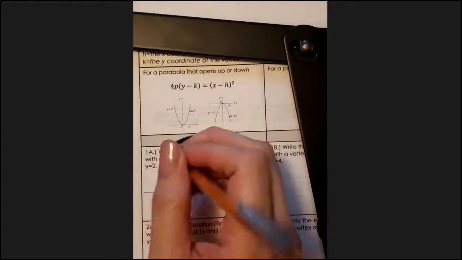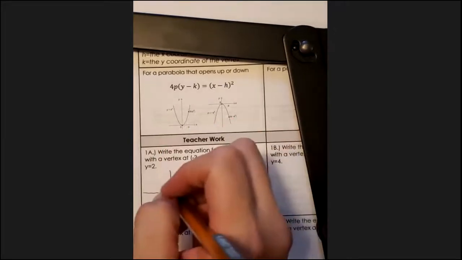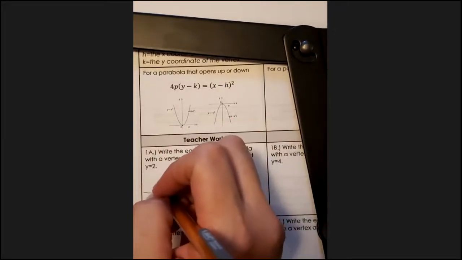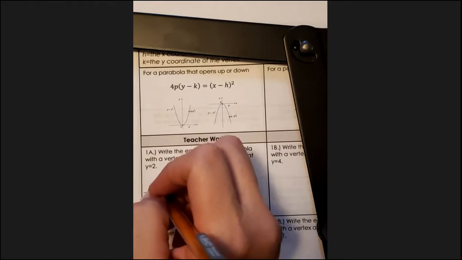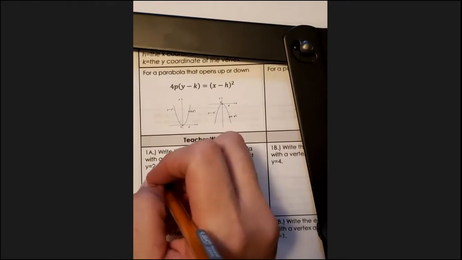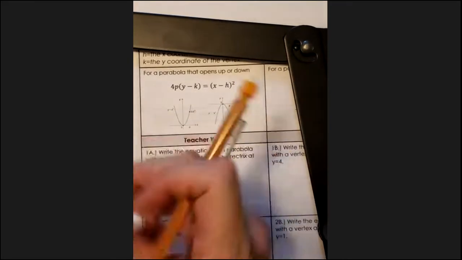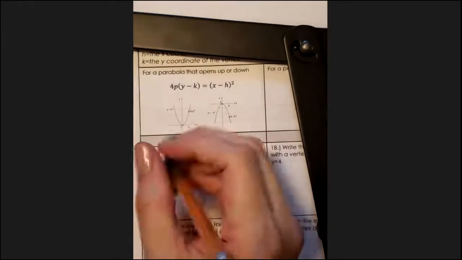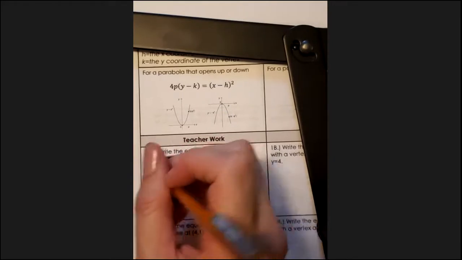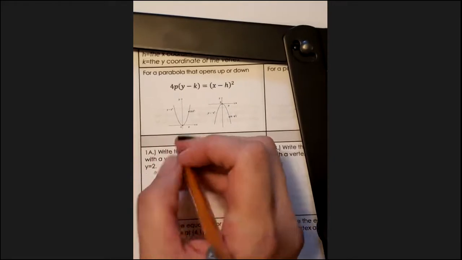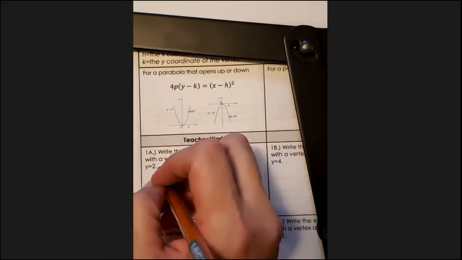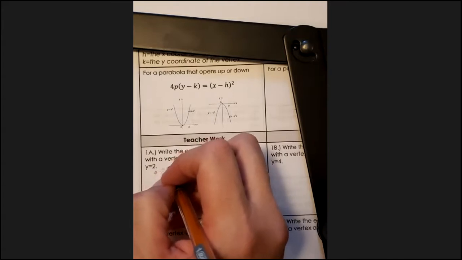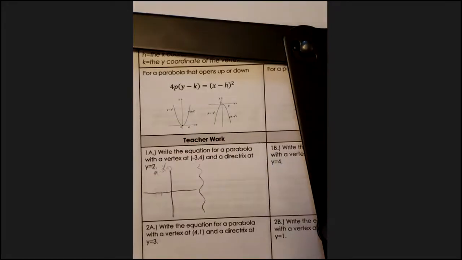So if I have a vertex at -3, 4, I'm going to go back and go up 1, 2, 3, 4. My vertex is going to be right here at -3, 4. I'm going to try to label everything I can.